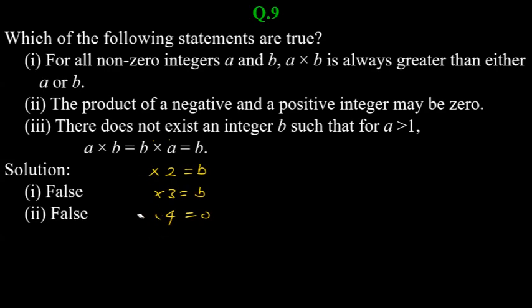So all the possibilities will be 0 into 2 equals to 0, 0 into 3 equals to 0. All these are the answers which satisfy this condition that A is greater than 1. However, this point says there does not exist an integer B, and 0 is an integer. If this question would have been there does not exist a natural number B, then it would have been yes.